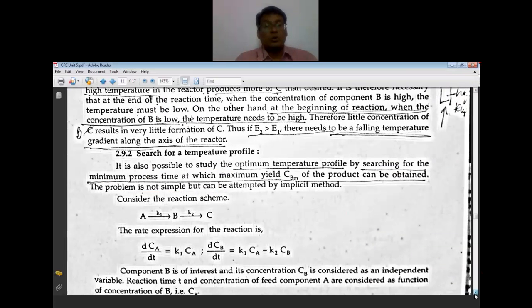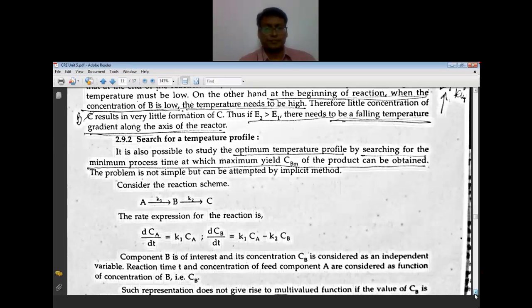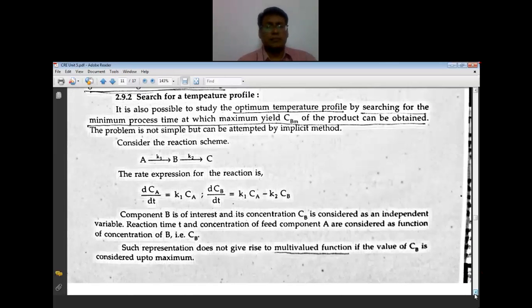Now, search for a temperature profile. So what will be the temperature profile? It is also possible to study the optimum temperature profile by searching for the minimum process time at which the maximum yield of CB or CRM of the product can be obtained. The same thing is written: dCA/dt equals K1CA, dCB/dt equals K1CA minus K2CB.